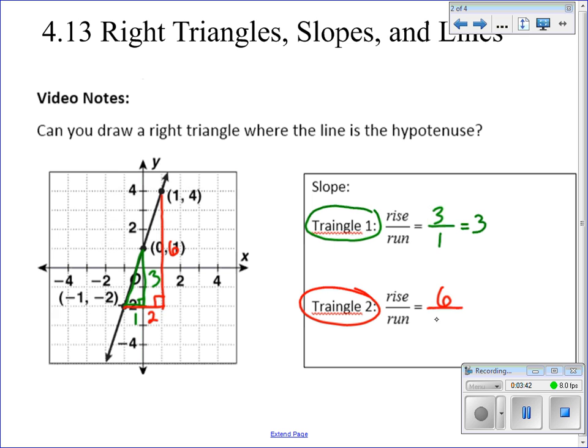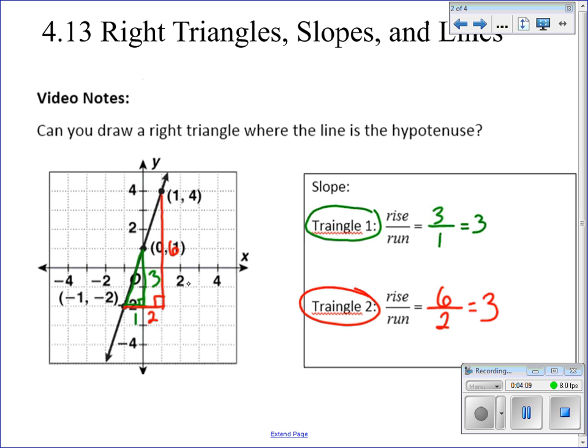And our base is 2. So even though there's a different height and a different base for these two triangles, look what happens when we simplify that down. 6 divided by 2 is still 3. What we've shown here is that these right triangles still have the same slope, or we're using them to prove that the slope of this line is consistent no matter where we're at on the line.